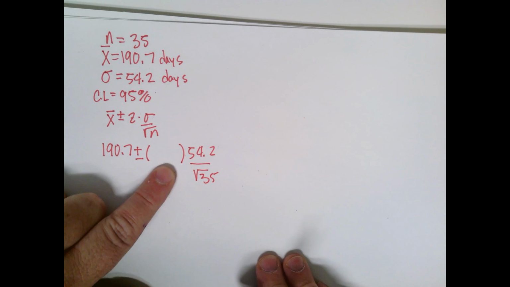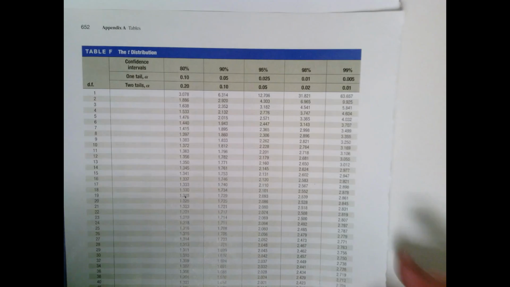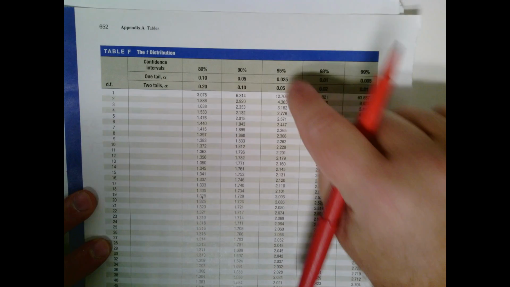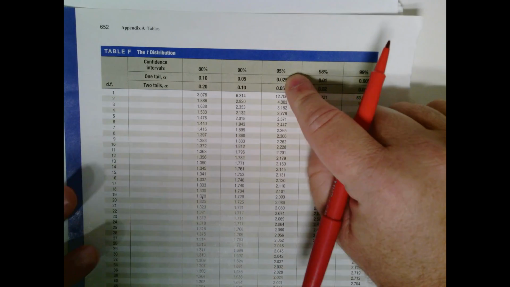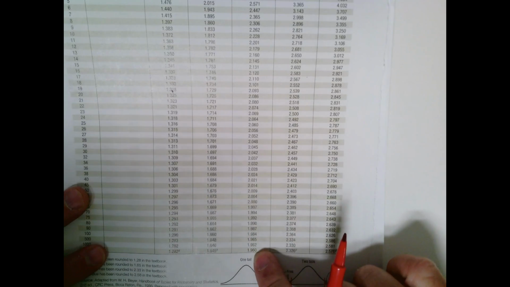And of course the last thing I need is the Z, so I get out the table. We have a 95% confidence. It's a Z, so I slide all the way to the bottom, and I get 1.96.